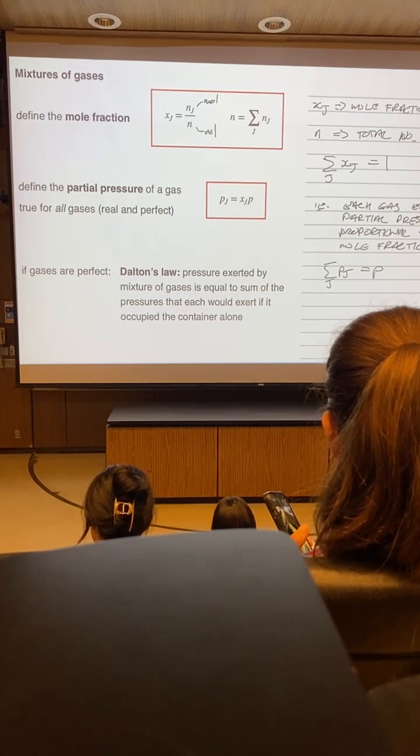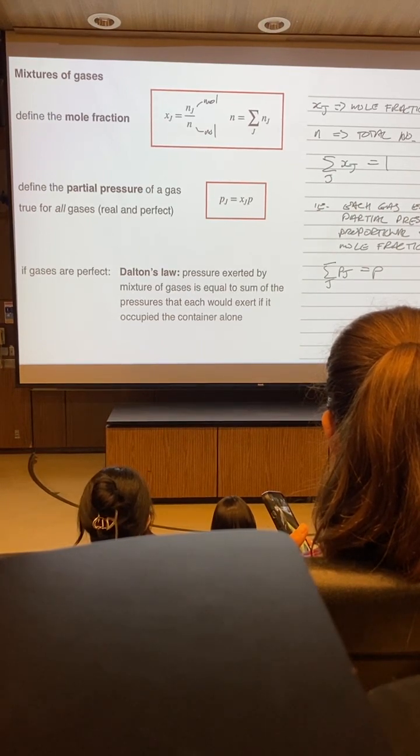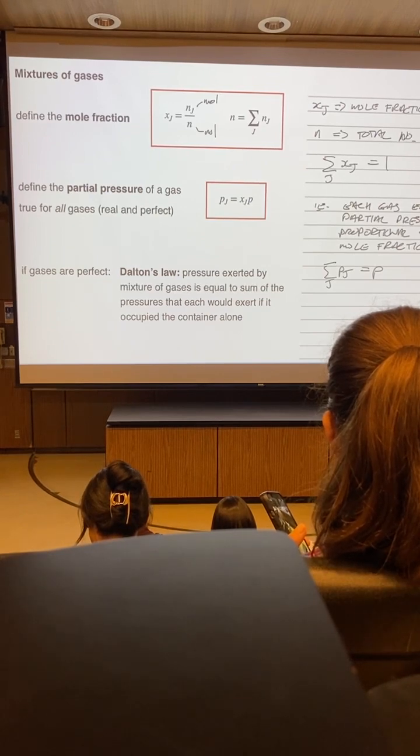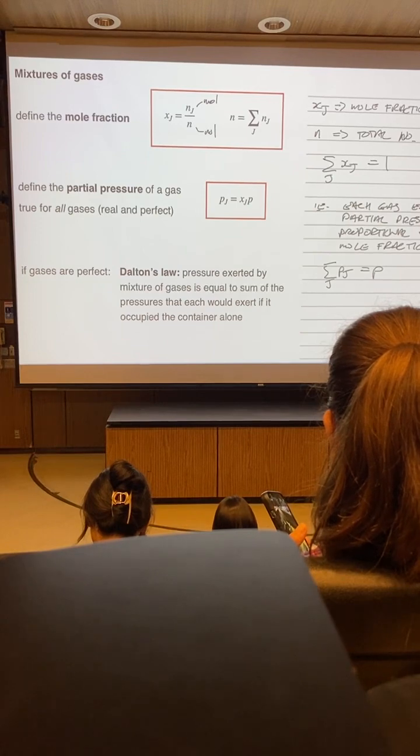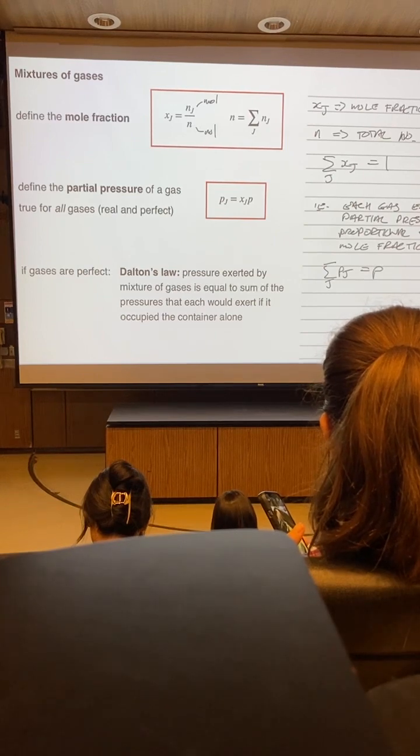It's kind of similar, but there's a subtle distinction from Dalton's law. So Dalton's law said that the pressure exerted by a mixture of gases is equal to the sum of the pressures that each would exert if it occupied the container alone. It's kind of true. It's a reasonable approximation that works for perfect gases, but doesn't work for real gases, because this assumes that there's no interaction between the gas molecules.